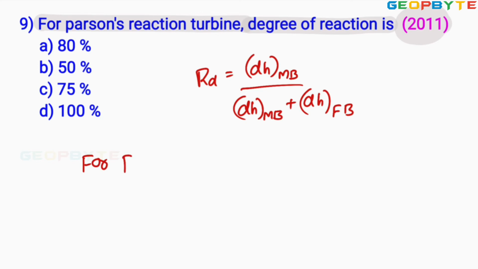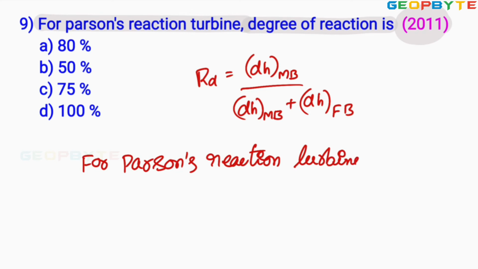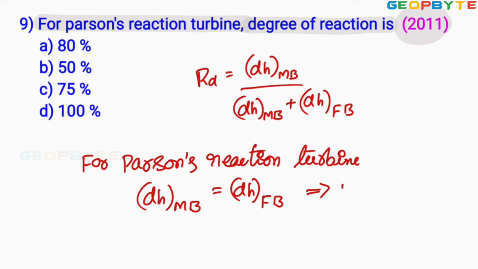For Parsons reaction turbine, remember, enthalpy drop in the mobile blade is equal to enthalpy drop in the fixed blade. Therefore, the degree of reaction RD equals 0.5, that is equal to 50%.